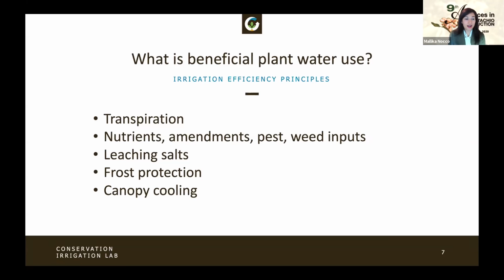Salt leaching in areas where there's salinity concerns, frost protection, canopy cooling. Water can serve as a way to really buffer your trees against frost and also against heat, which is pretty wonderful when you think of just how much water can buffer temperature. So these are all considered beneficial plant water uses.